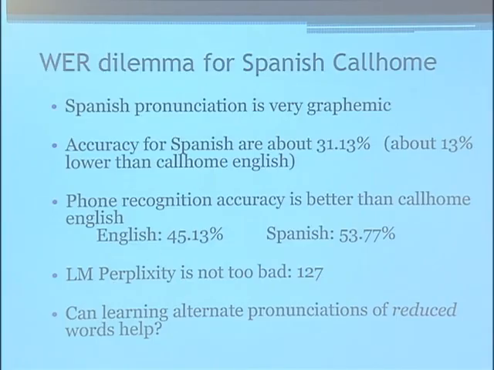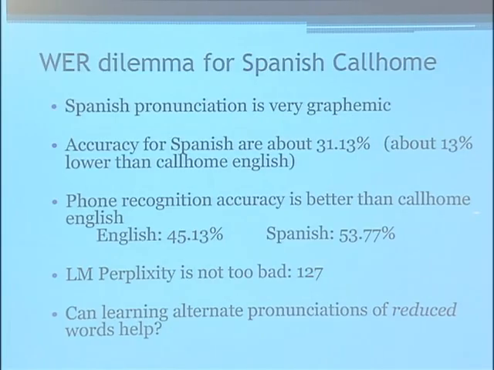Yeah, these are both difficult data sets, but still the English performance is about 13% better than Spanish performance. On the other hand, if that's the word error rate, about 13% better.